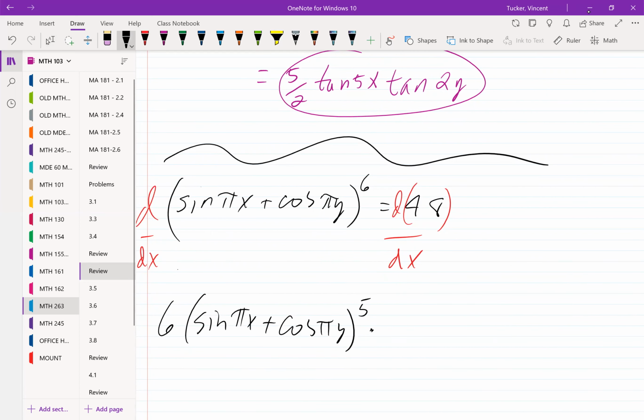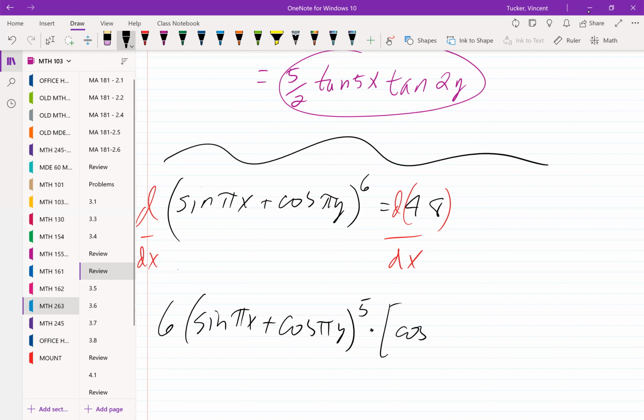All right. So derivative of sine is going to be cosine, but you have that pi in there, so that's pi. I just write it in front.